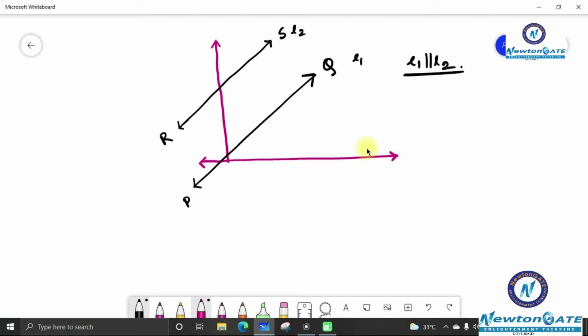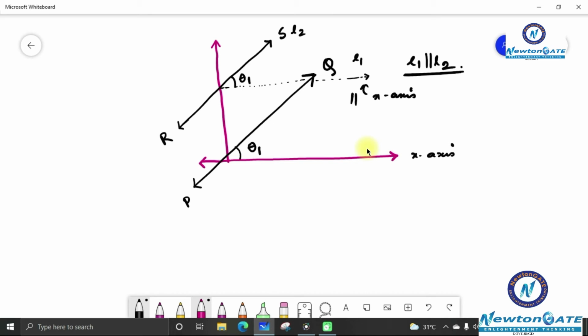Now both are parallel to each other, which means both should be making the same angle. So here if PQ, that is line 1, is making theta 1 with the x-axis, I can draw a line parallel to the x-axis through the origin over here, and this line will again be parallel to the x-axis. So, by corresponding angles, we will have this angle also as theta 1.